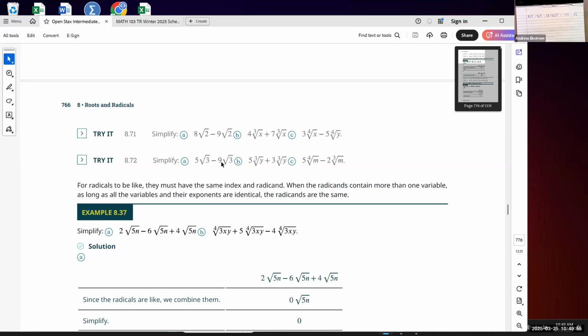So 5 minus 9 is negative 4. Negative 4 times the square root of 3. Here, 5 plus 3 gives you 8, and then 8 times the thing that you factored out, which is the cube root of y. Again, there's nothing here that you can really do anything with. So you're just done.